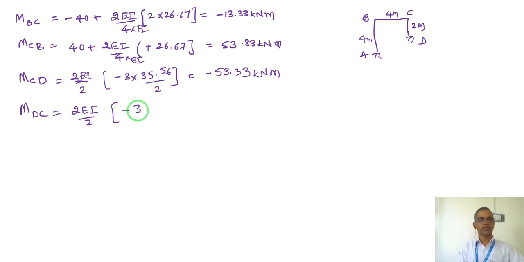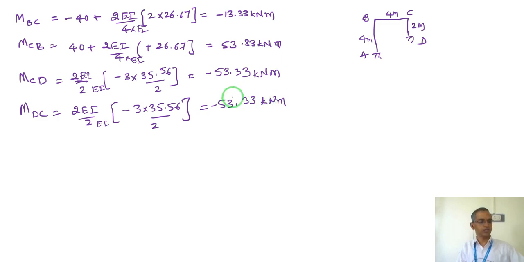So minus 3 into 35.56 by 2 length, and EI here also gets cancelled out. Same, minus 53.33 kilonewton meter. So this is the moment produced at each of the ends of the frame.